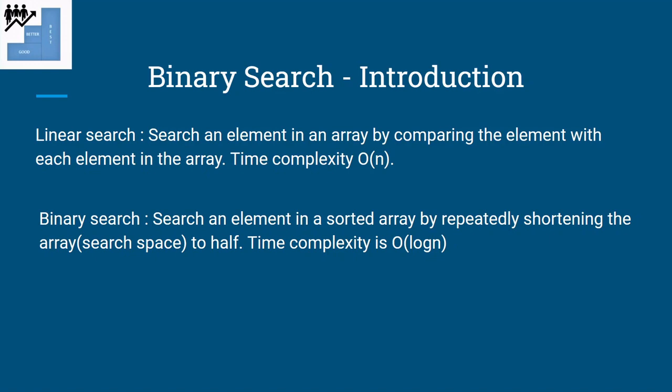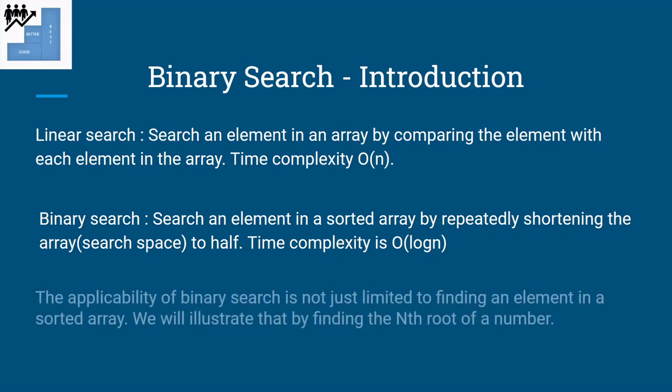Then by another comparison we'll reduce the search space to 2, and so on. This is possible because the array is sorted, right? But is binary search just limited to finding an element in a sorted array? No. And that's why we'll illustrate this concept by finding the nth root of a number.